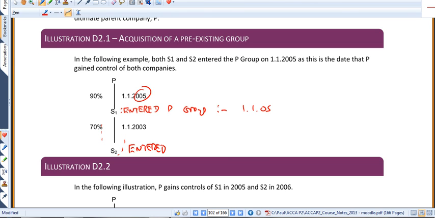And again, keep an eye on the dates and bear in mind that when P bought S1, they also obtained control over S2. So hopefully you can see that S2 also entered the P group on the 1st of January 05. Not 03, because P didn't own S1 in 03, and therefore from P's perspective, we had no interest at all in S2 in 2003.